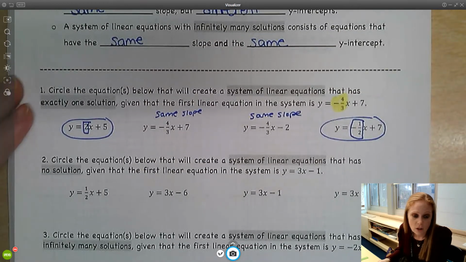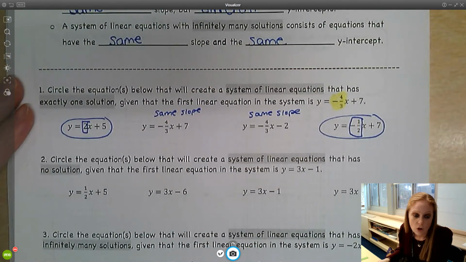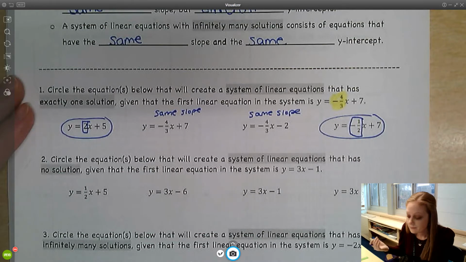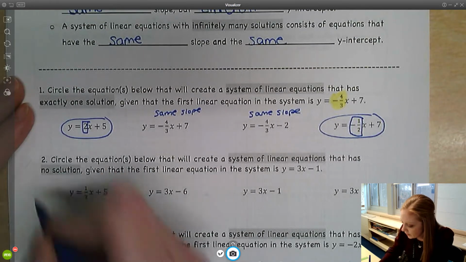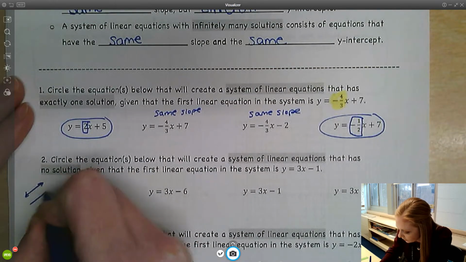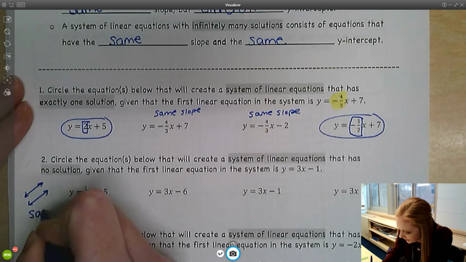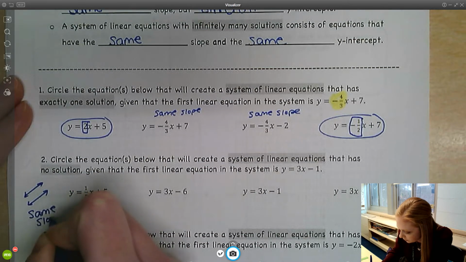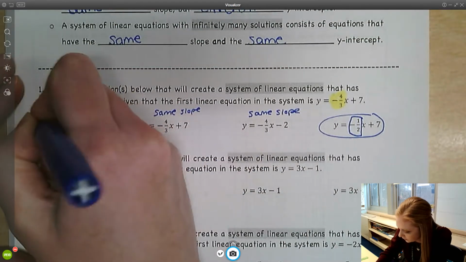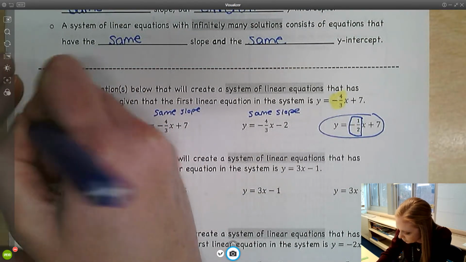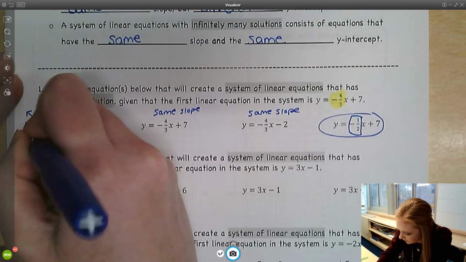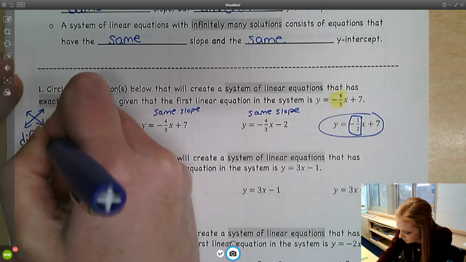Okay, let's find the equations that will make the system have no solution. So we just said to have no solution, they're going to be parallel. They're never going to cross, which means that they have the same slope. Whereas for the one solution case, in order for them to cross, they had to have different slopes.